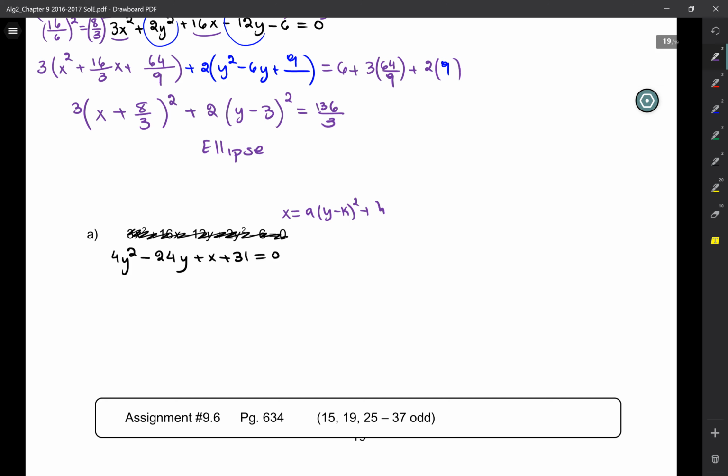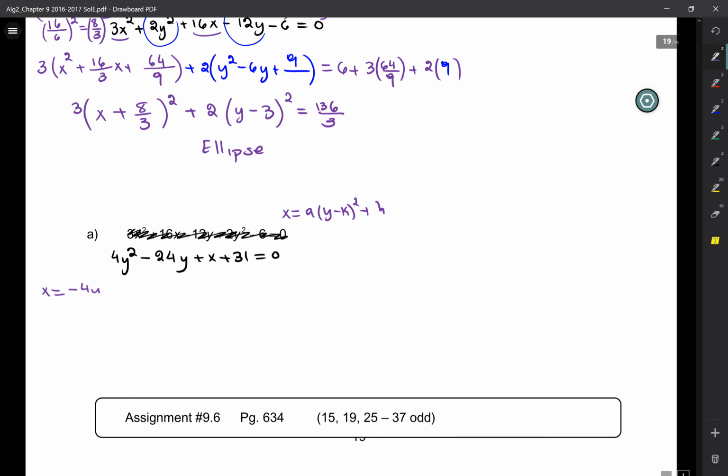So I need to put this into that form, all right? So in order to do that, let me then write this equation in the black as x equals everything else. Can we do that? So let's do that. So here I will get x equals, and everything else will move to the other side.